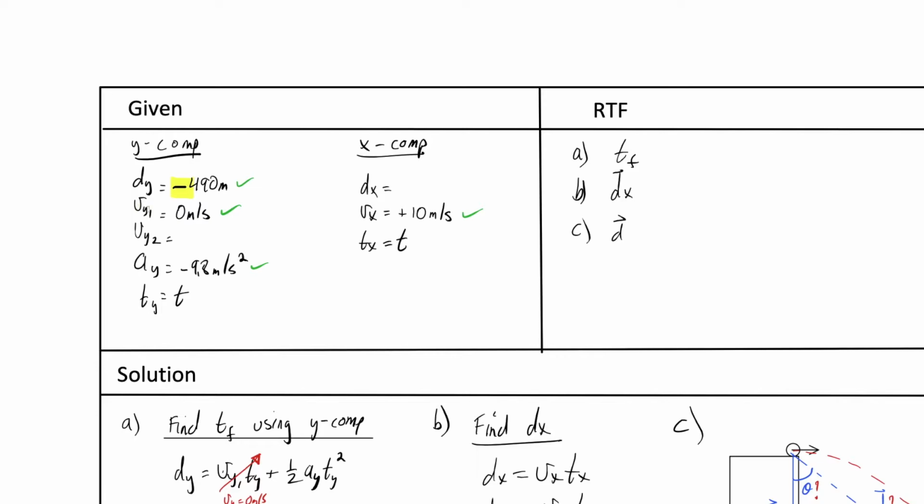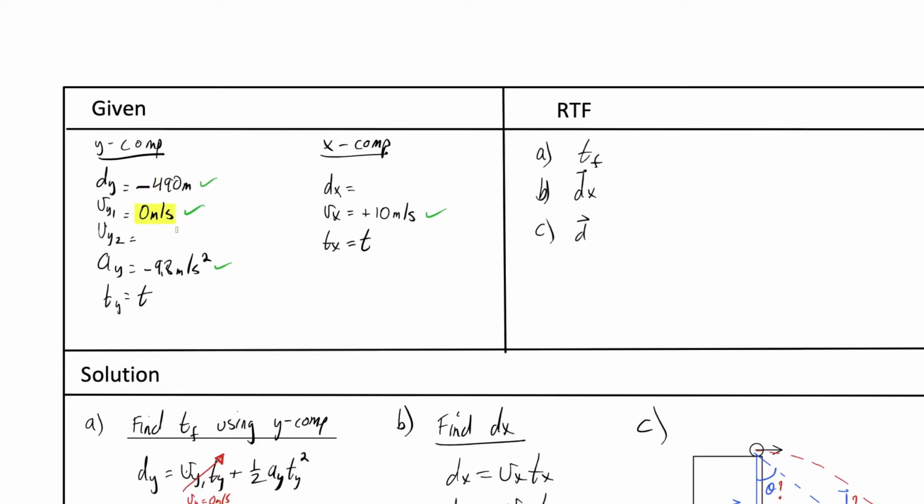And as I mentioned, the Vy1 is 0 meters per second because there is no y component of the velocity yet. That 10 meters per second is the x-axis velocity. The other thing we know is that the acceleration in the y component is negative 9.8 meters per second squared. And this is absolutely key: the time in the y-axis is the exact same time it takes to travel along the x-axis because it's the same projectile.